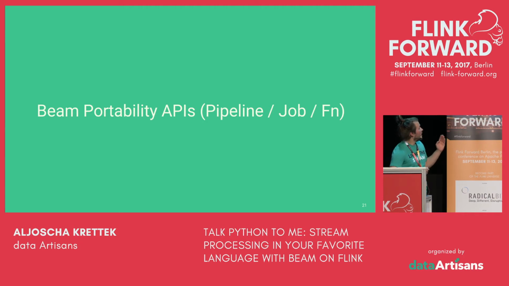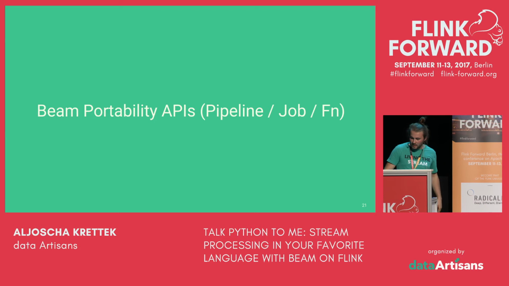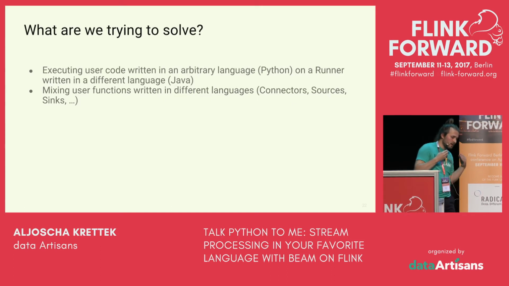So now let's go to the portability APIs. To understand why we need these portability APIs, we have to take a step back and look at what we are trying to achieve.